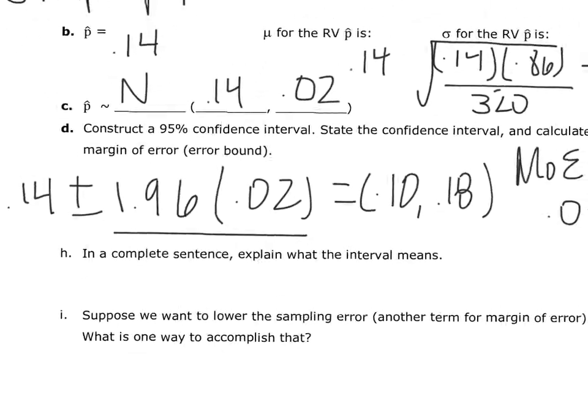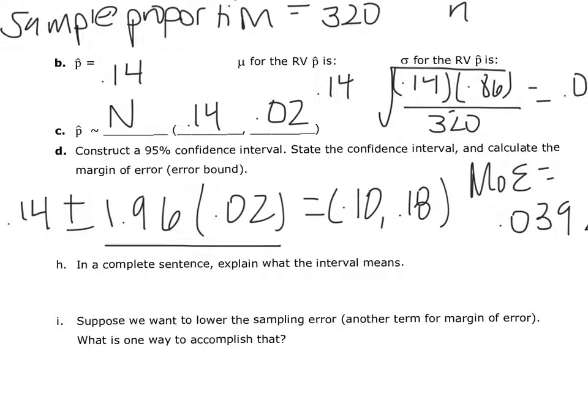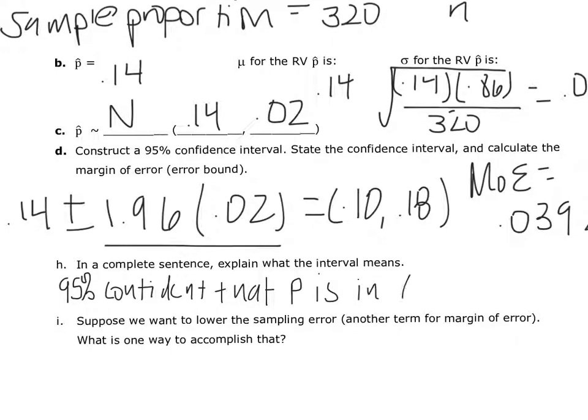I'm not sure I'm going to totally be able to fit this in here, but we are 95% confident that the true population proportion of fortune cookies that have a blank fortune is in the interval 0.10 to 0.18.